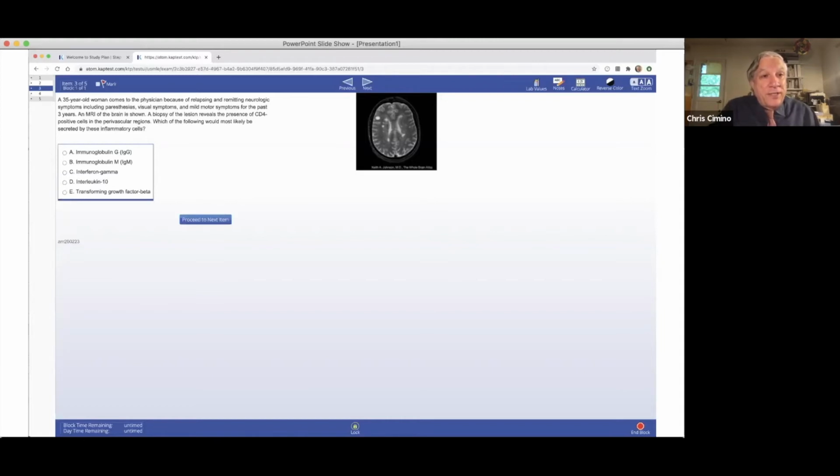And now the question is, in multiple sclerosis, what is secreted by the inflammatory cells? And again, here you need to be clear on the different functions of each of these secretory substances. We can certainly easily eliminate some of them. IgG and IgM are reactions to infections.